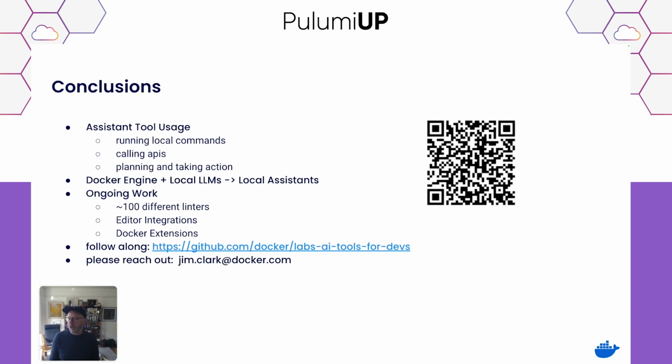Some of the work that we're doing right now is looking at a lot of different developer-facing tools like linters and having LLMs that can pull in the right linter to help you understand and fix code. Editor integrations: the prompt workbench that you saw today, I was running out of a NeoVim plugin, but we also have a VS Code plugin.